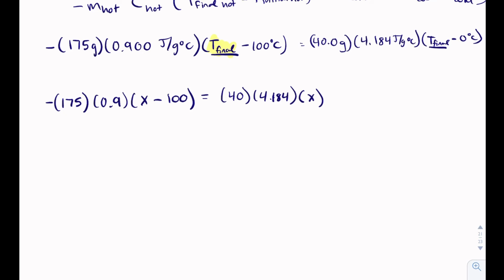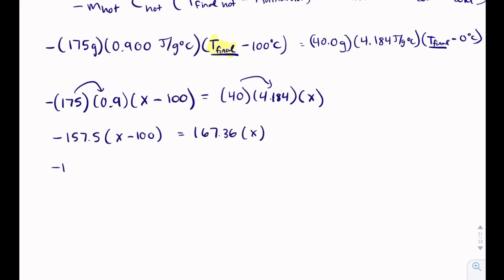So let us math these. We get negative 157.5 times x minus 100 equals 40 times 4.184. That is 167.36 times x.